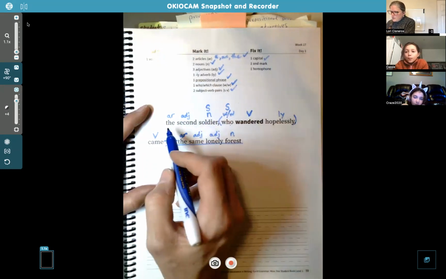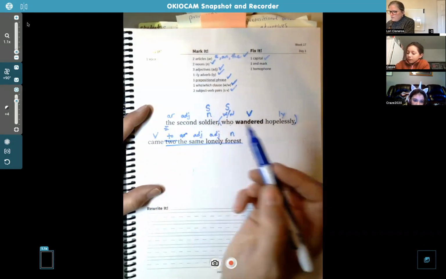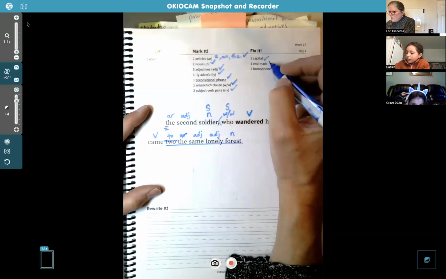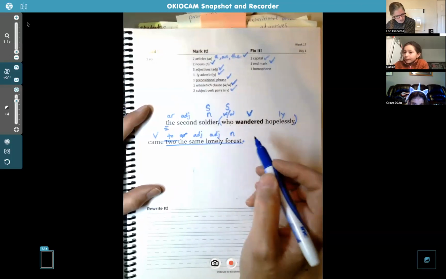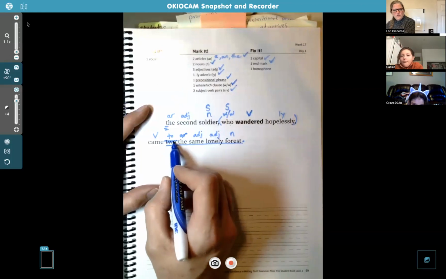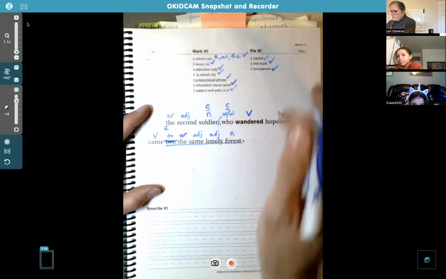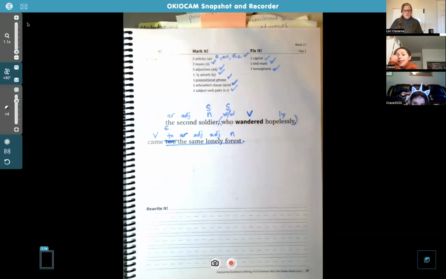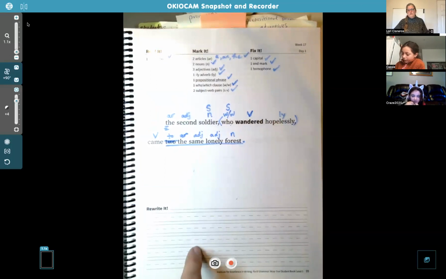Capital, that's super easy peasy cheesy, just the first word. End mark, super easy peasy cheesy, just a period. And then we already fixed the homophone too. So we got it. That wasn't too bad. Go ahead and rewrite it at the bottom there. Go ahead and write it down, Delilah. I have it written down. You already did it?